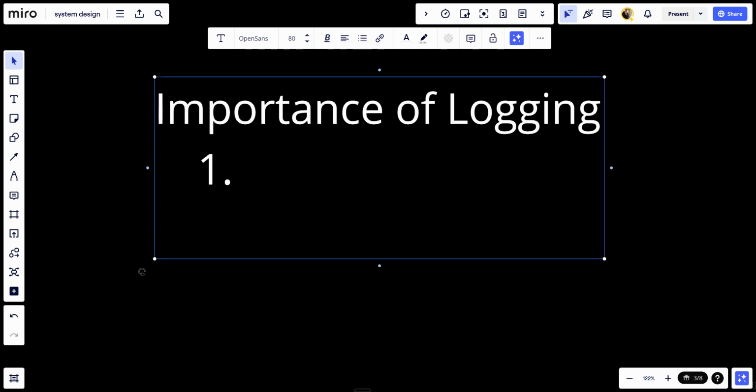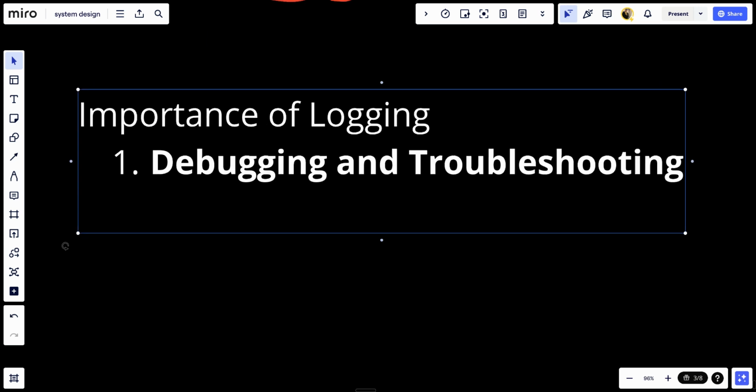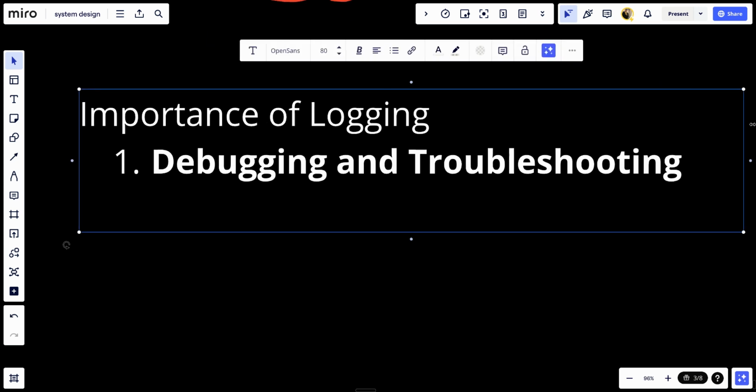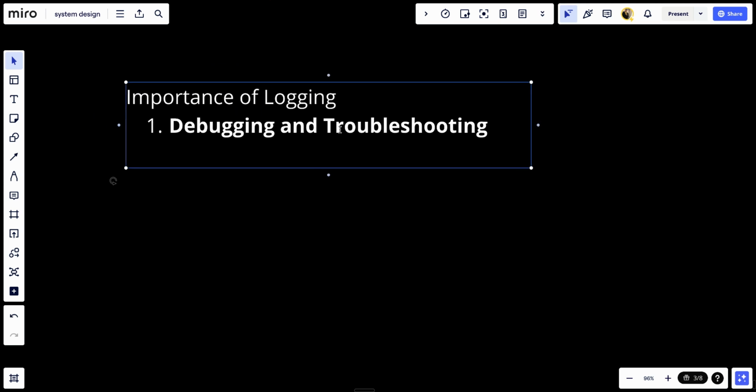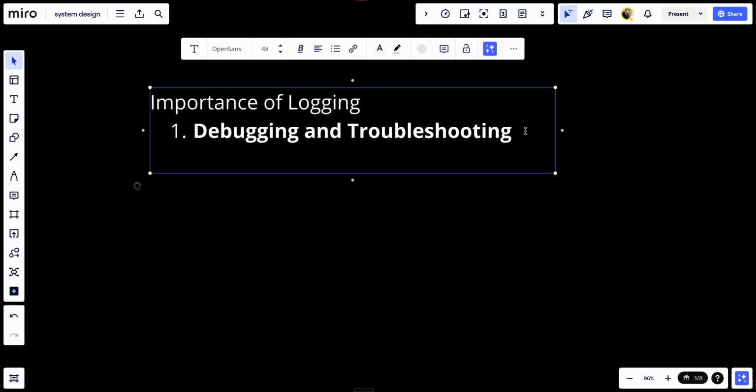The first thing, I guess, which is quite obvious, is debugging and troubleshooting. Logs provide developers and system administrators with a chronological account of events leading up to an error or system failure, making it easier to identify and fix issues.